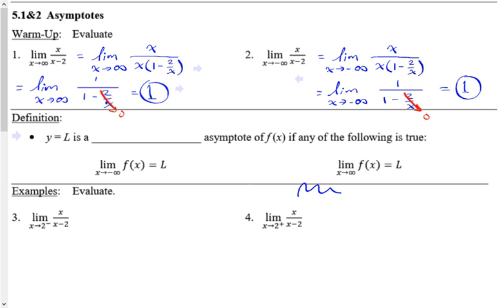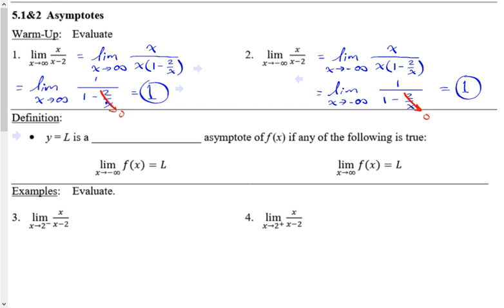We'll write down one of them, and then we'll kind of think through, does the same thing happen with the other one? There are functions where we have a horizontal asymptote only on one side of the graph, or we may have different horizontal asymptotes on the left and the right side. Those functions we don't see very often, so most of the time just doing one side will be good enough.